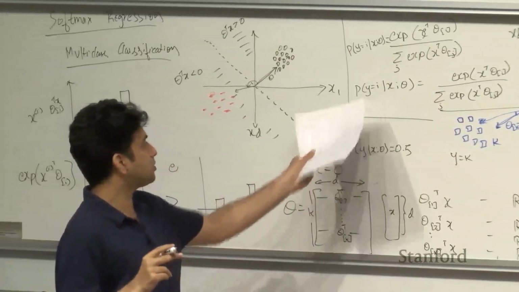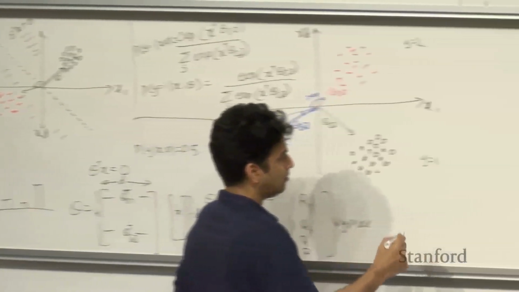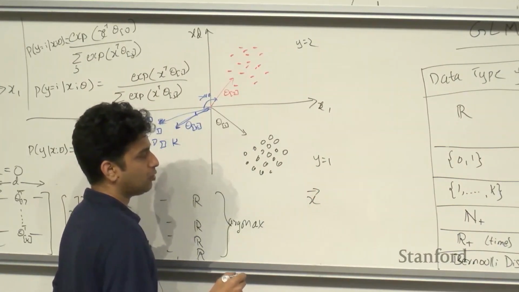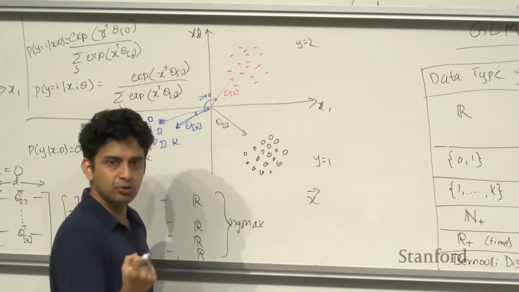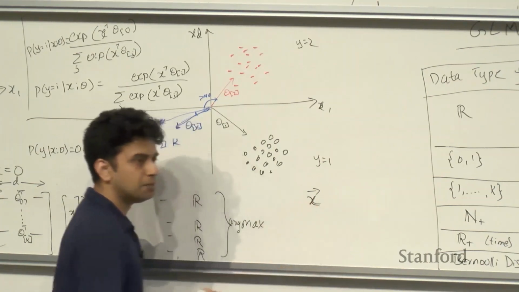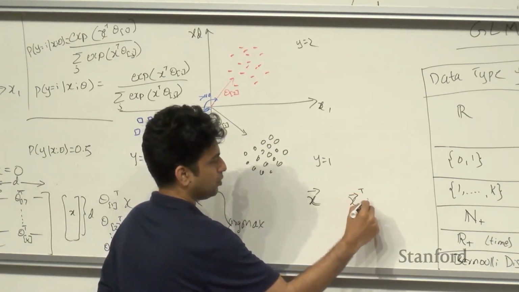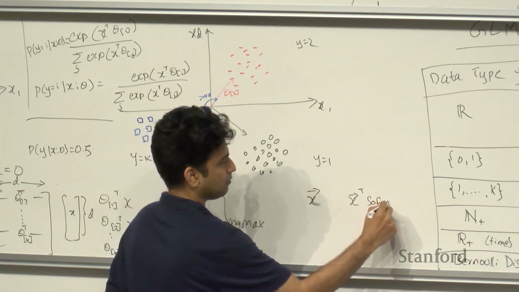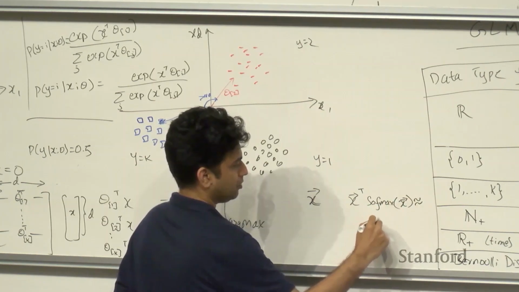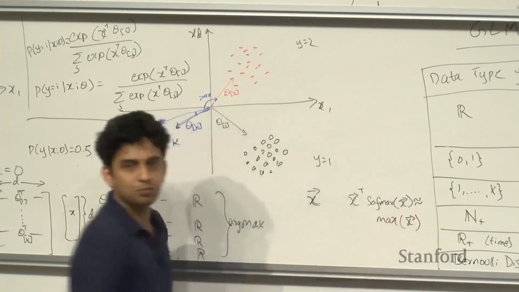Right, so this is basically the softmax function, and the reason why it's called the softmax function is because if you're given a vector x and you want to extract the maximum value, or the largest component of x, one way to do it is to do x transpose softmax of x, and it will give you something that is similar to the largest component of x.